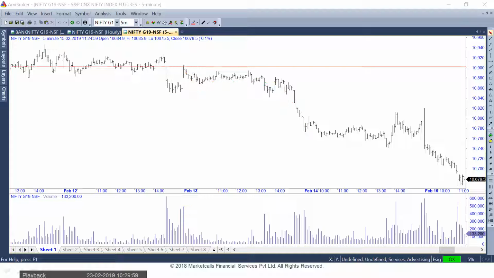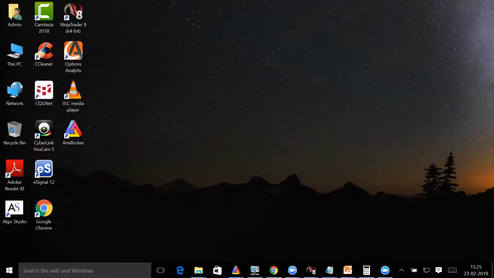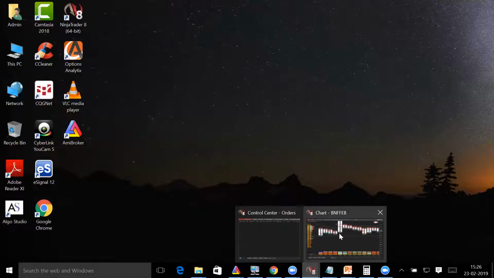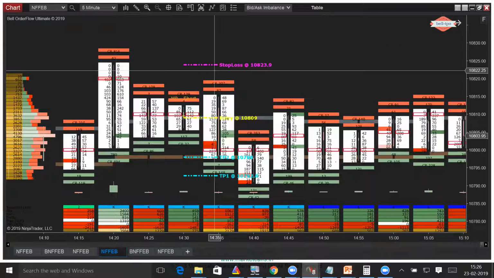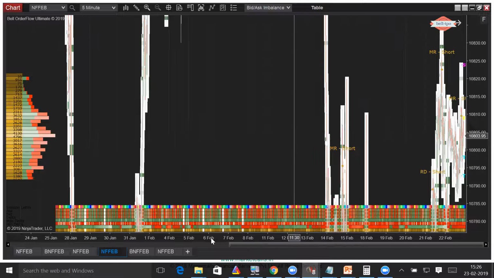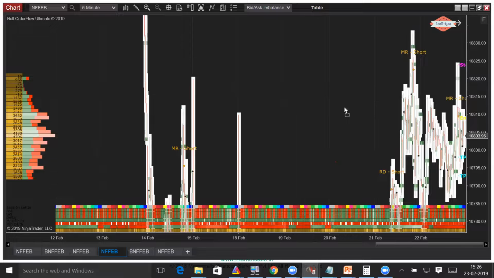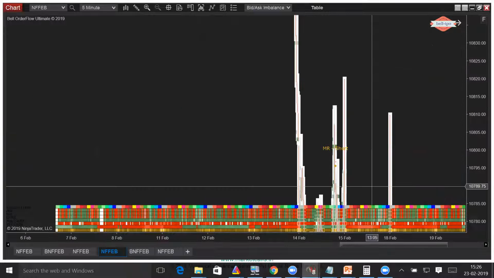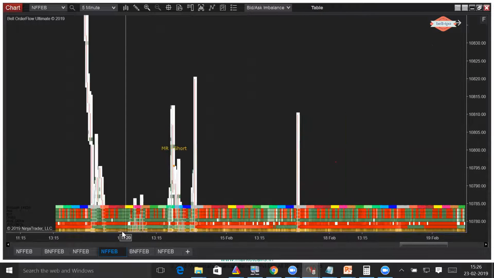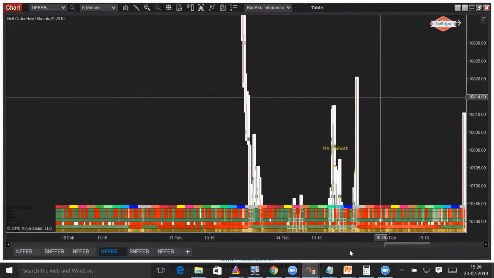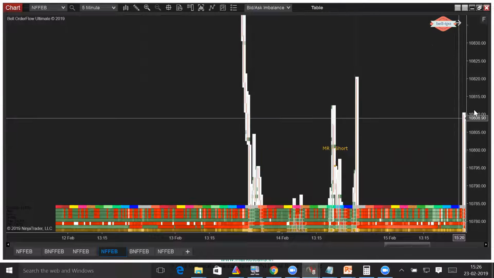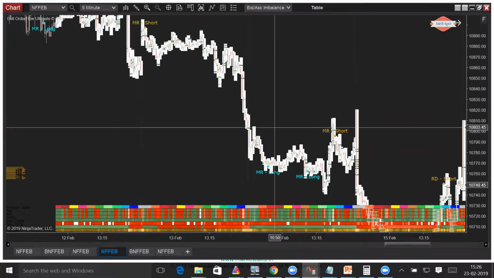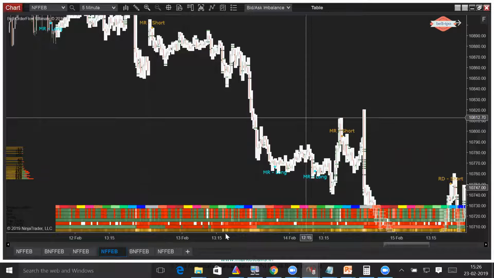So if I look onto 13th February in Nifty, let me go back to NinjaTrader charts. On 13th February, here is 13th February. You can see an MR chart over here. There's 13th. Yeah, here. At the opening itself, an MR chart.